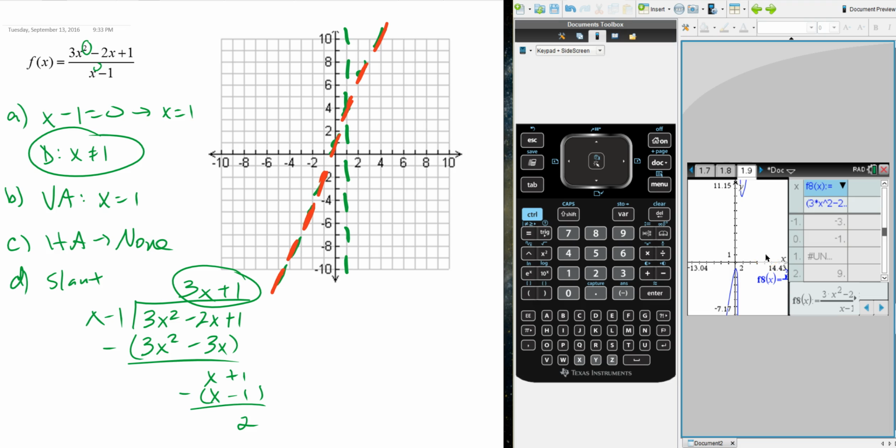So it looks like, once again, at -1, I'm at -3, so that puts me here. At -2, I'm at -5.5. So this graph looks like it goes like that.